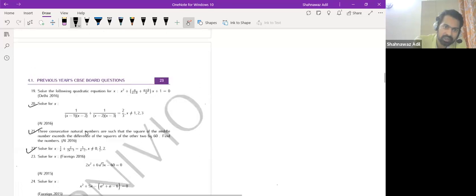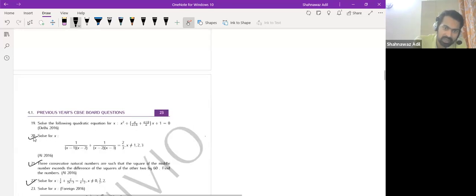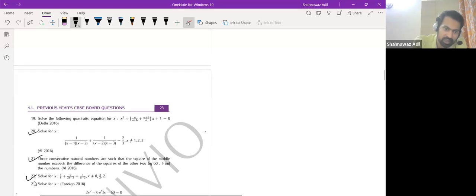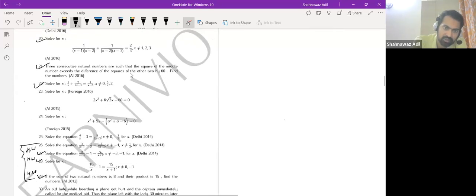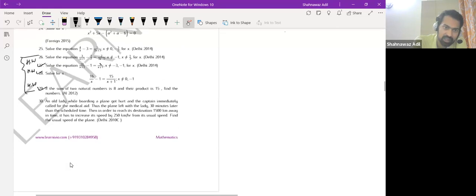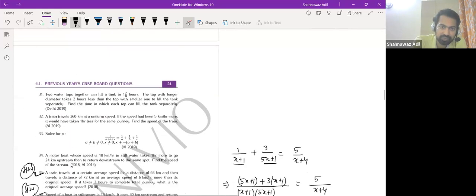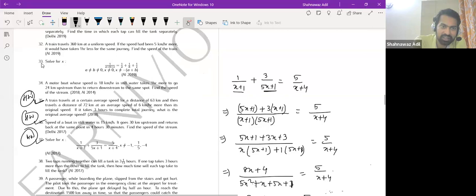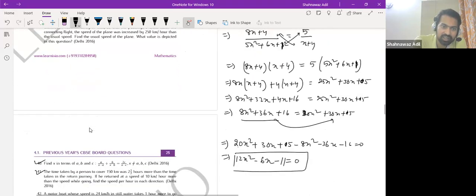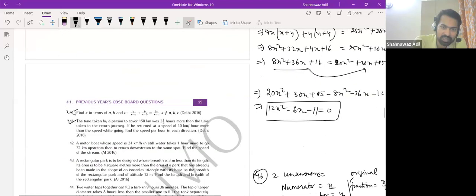The 20th one and 19th are the same. 22 again. So these are all the same question, and 25, 26, 27. We have so many questions of the same kind. And this 33 one also, 37. So many questions of similar kind, right?